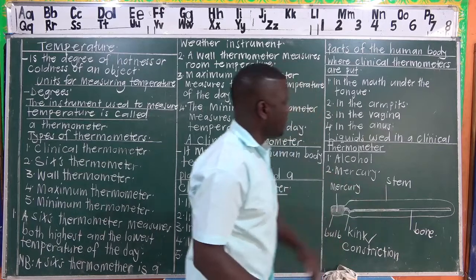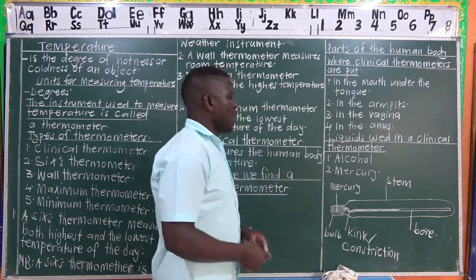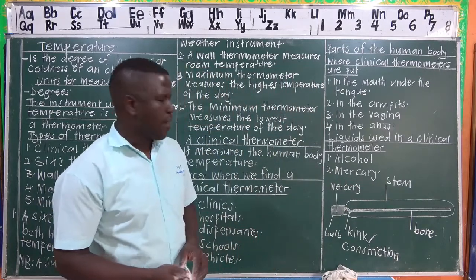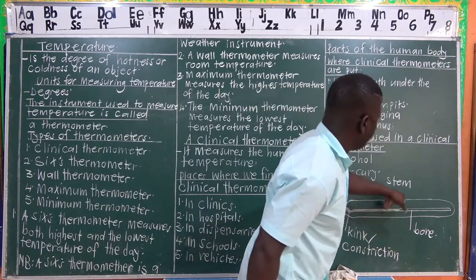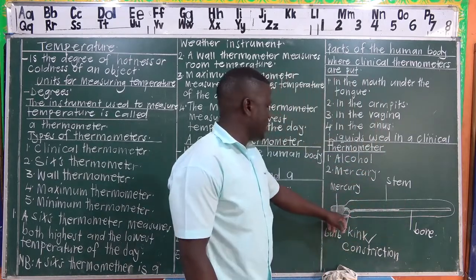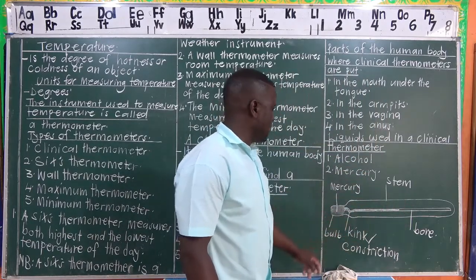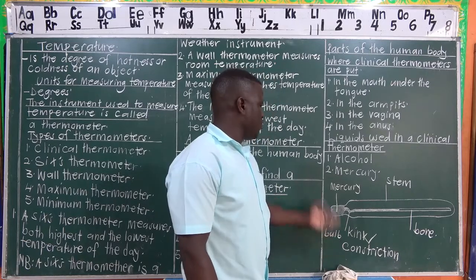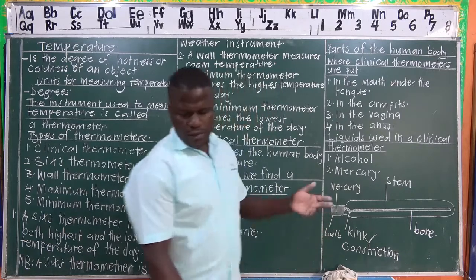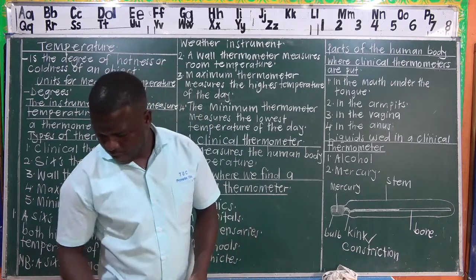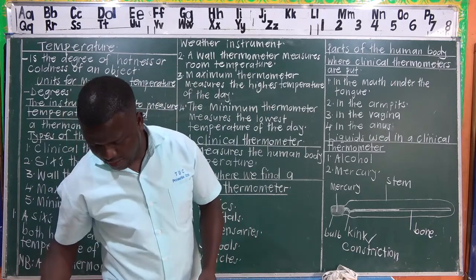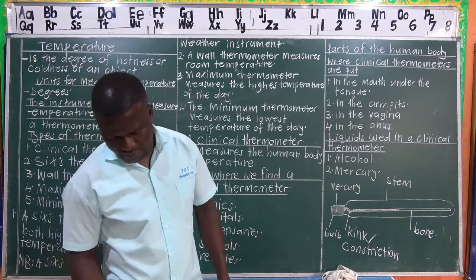Then we have the stem, and lastly we have what we call the bore. The kink is the part which is bent, then the bulb holds the mercury. Those are parts of a clinical thermometer.